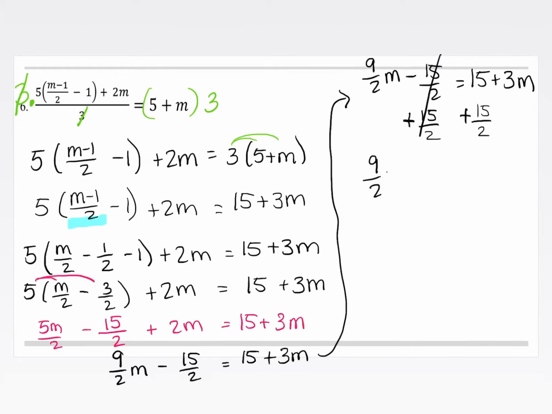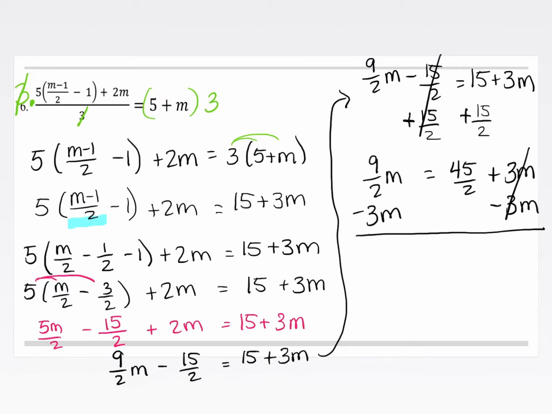And I'll get 9/2 m equals, now 15 is the same thing as 30/2, so we'll end up with 45/2 plus 3m. Then I can subtract my 3m on both sides. Now 3m is the same thing as 6/2, so I will end up with 3/2 m equals 45/2.